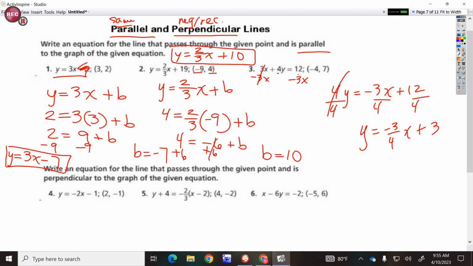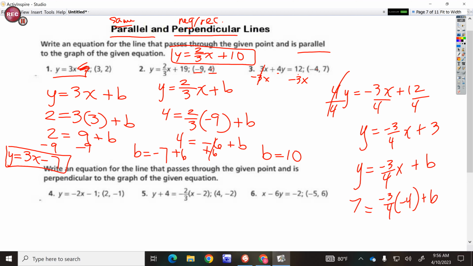Now we can start the steps that we did on the first 2 questions because we have it in the right format. So over here, we switch the plus 3 for what? Plus b. And now we plug in -4 for x and the y value, which is 7 for y.